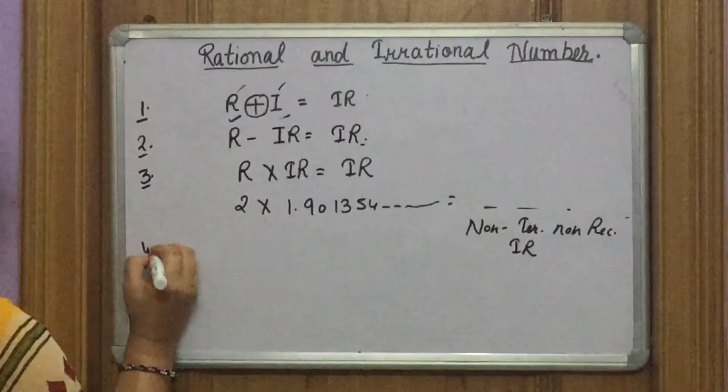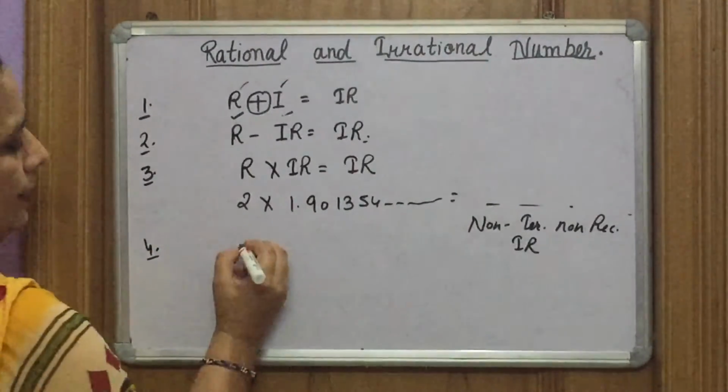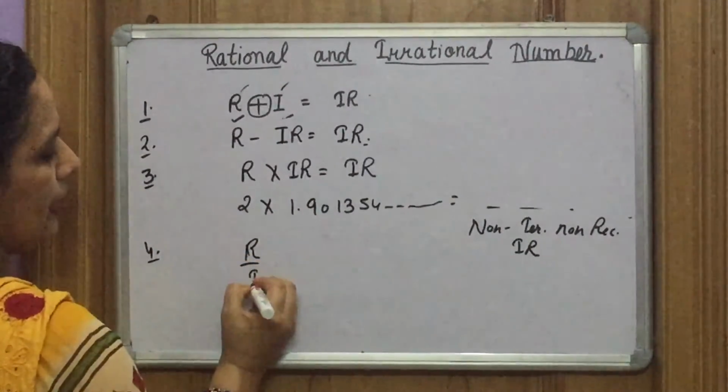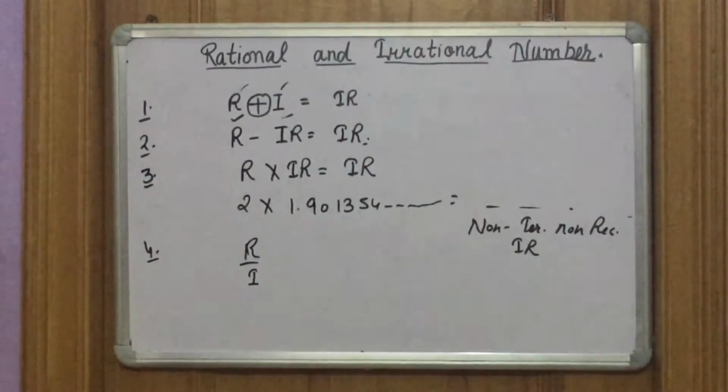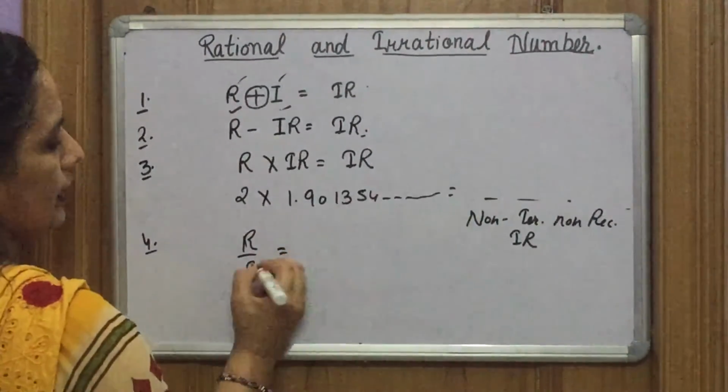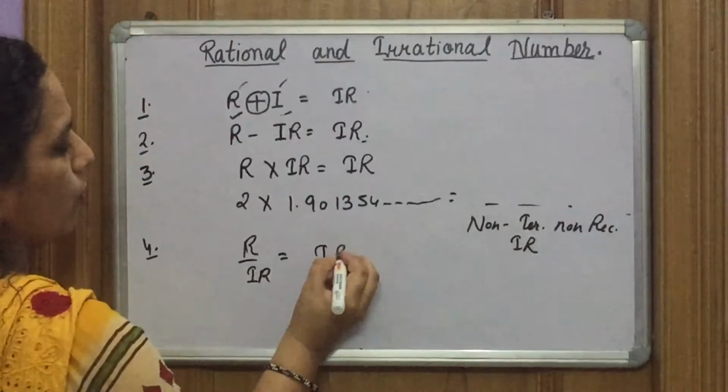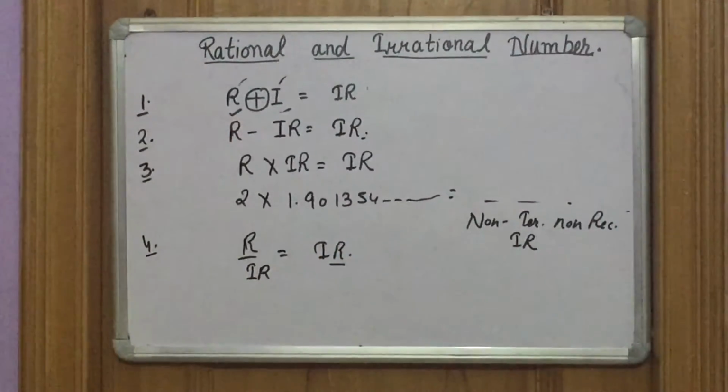And the fourth condition is, if we divide a rational and irrational, then the final answer is also irrational.